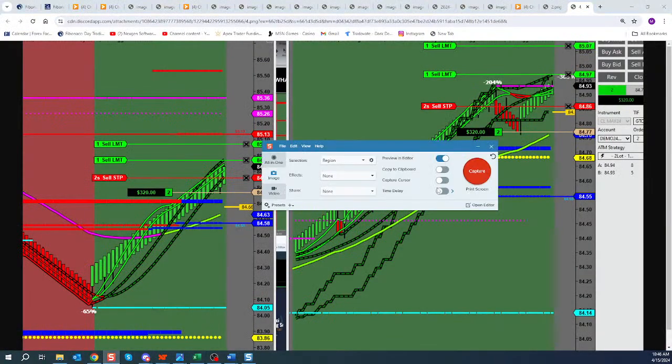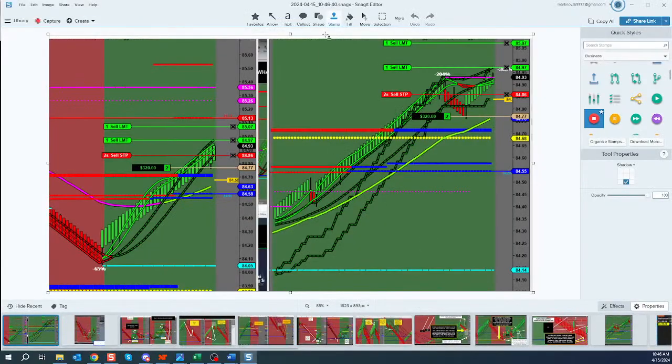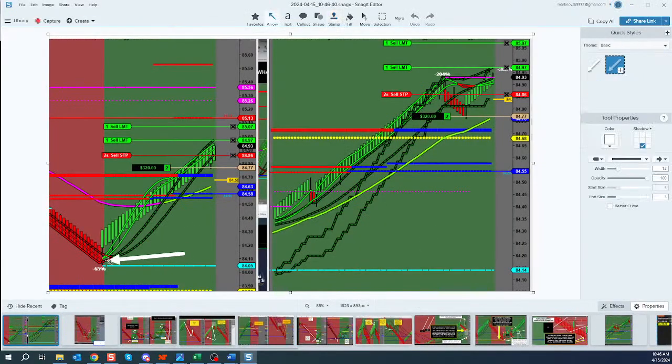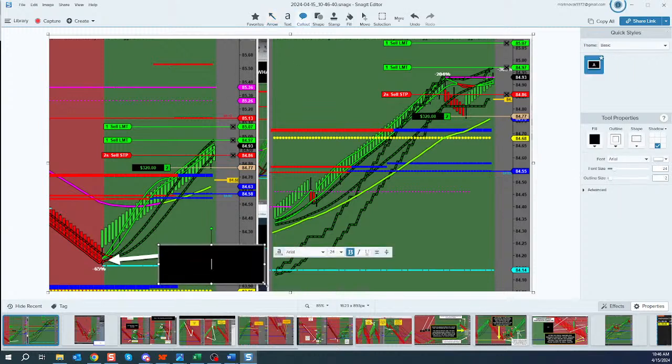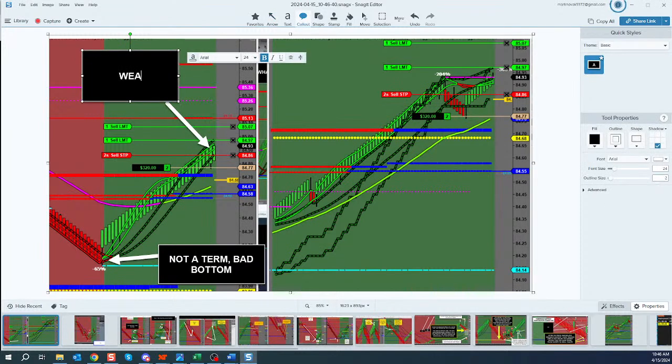So, Marum, I'm not going to beat you up, but I'm going to annotate your chart with what I see. Not a term, bad bottom. Weak, anything can happen, triggers.